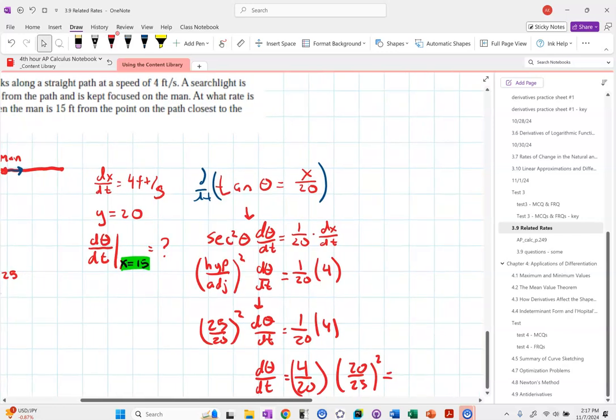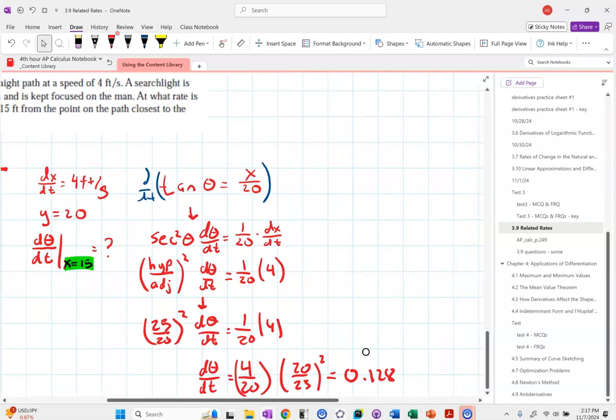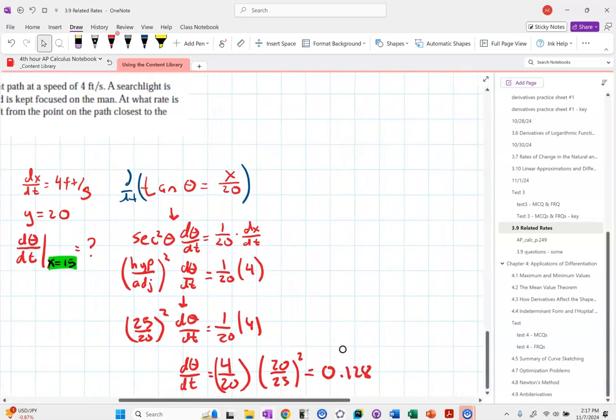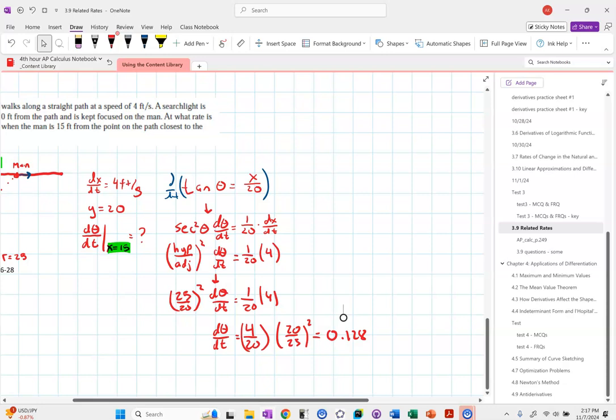So when I type this into my calculator, it's 0.128. What is the unit going to be on this, though, for d theta dt? Not degrees. We're in calculus class. Radians per what unit of time? Seconds. Why seconds?